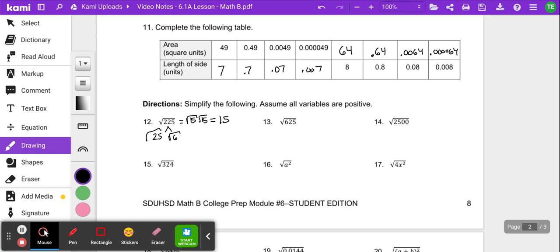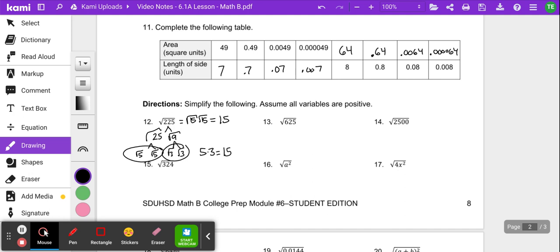Sorry, I paused there for a second. And I know that 25 is square root of 5 times square root of 5. That's a match. And 9 is square root of 3 times square root of 3. So from these two, I get a 5. And from these two, I get a 3. And 5 times 3 is 15.